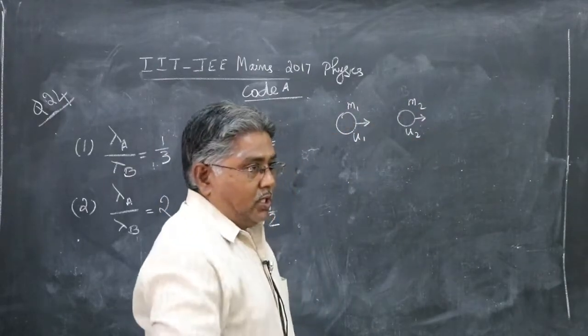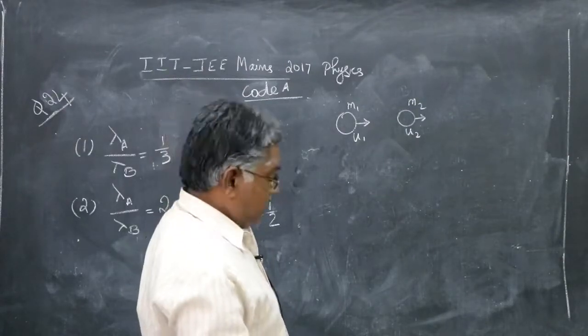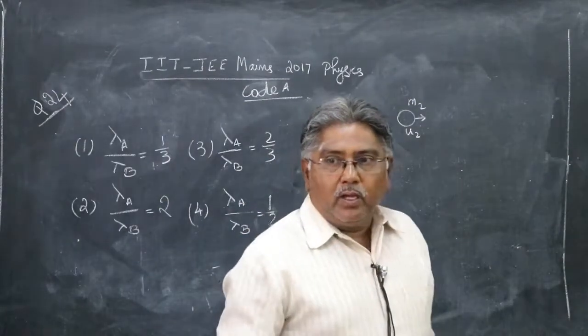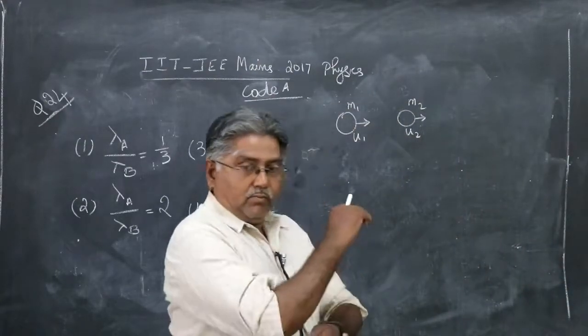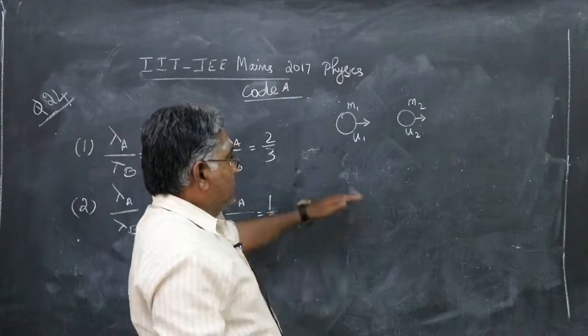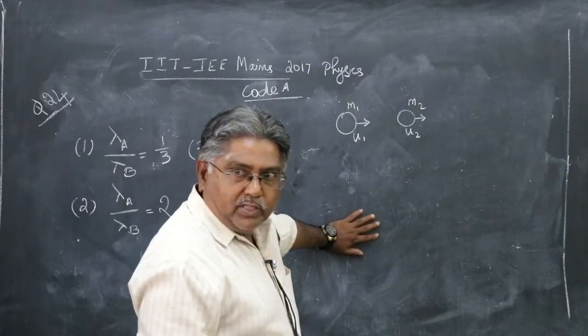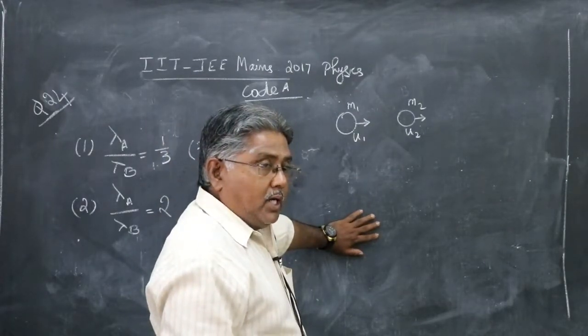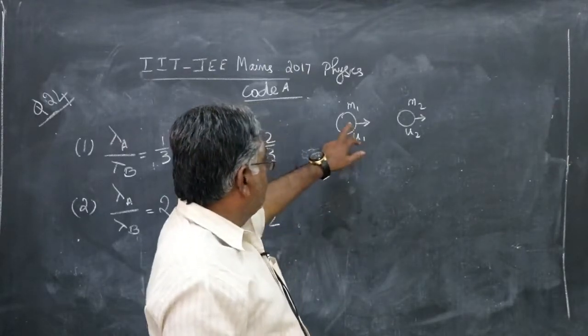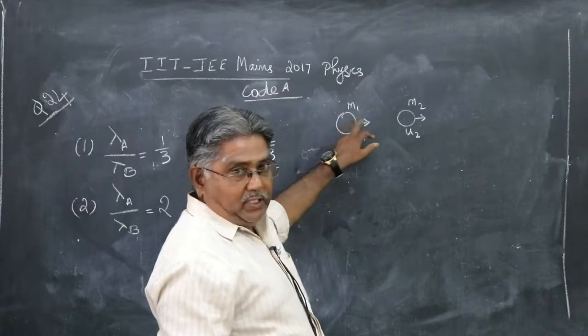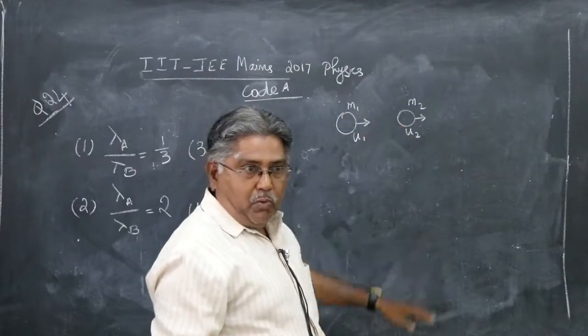The second body has mass m2 and it's also moving with a velocity u2. I am going to consider a one-dimensional collision which is elastic. Of course, the theory and the derivations we will skip here. I'll give you the final expressions for the velocity of this body after collision as well as the velocity of this body after the collision.